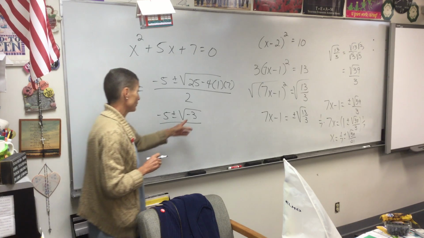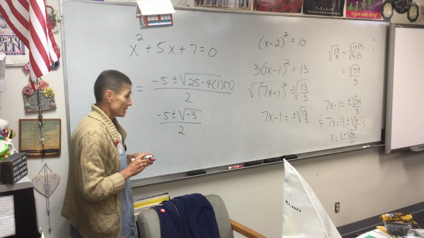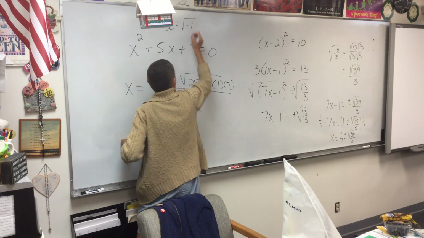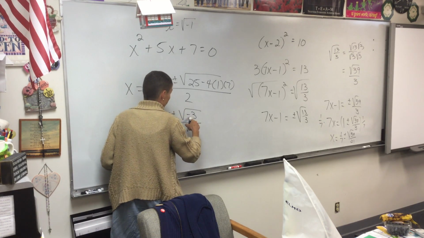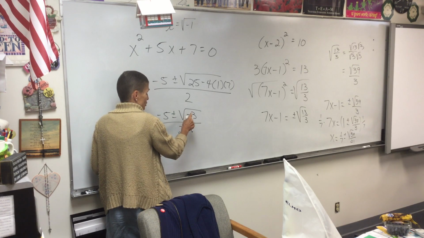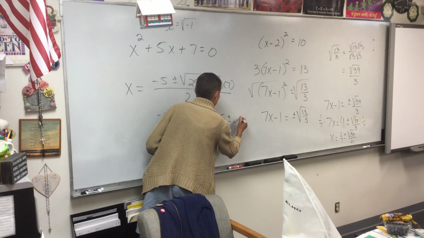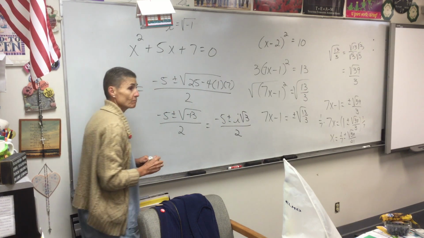How do I handle the square root of a negative number? This i is the square root of -1. So when you have a -1, this is like -1 times 3 under there. If you have a square root of a negative, you're going to take that and rewrite it as an i. Do you remember that from last year?